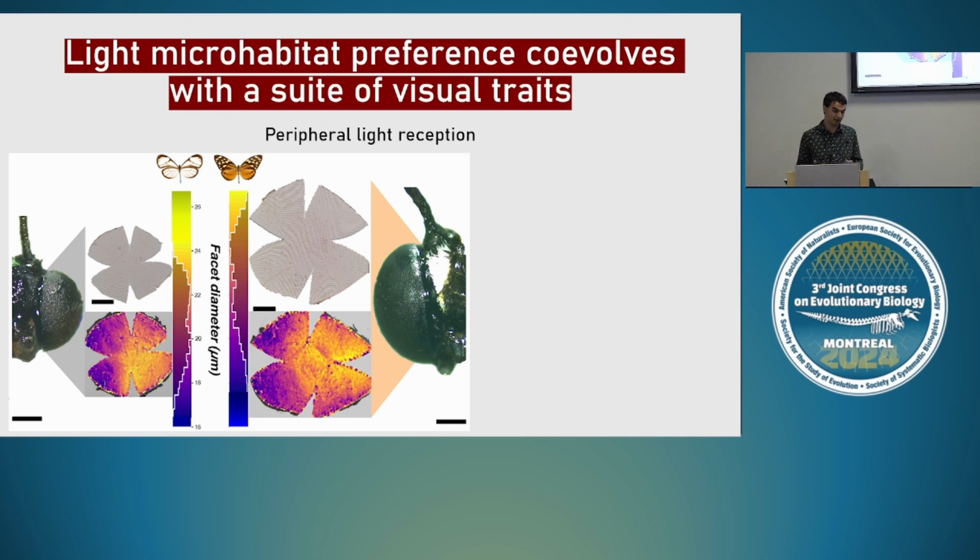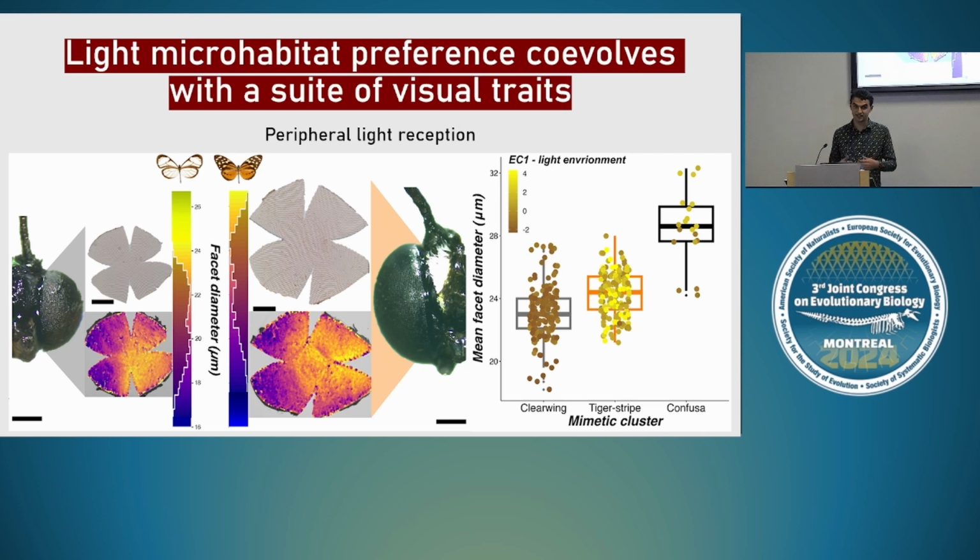And one of those effects was in the overall number of facets, but another one was the average facet diameter, where species that live in brighter environments, in this case, seem to have convergently evolved wider facets, which is an interesting finding in itself. I'm happy to discuss that.